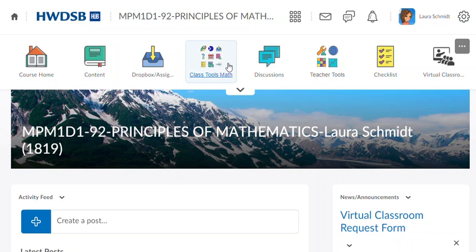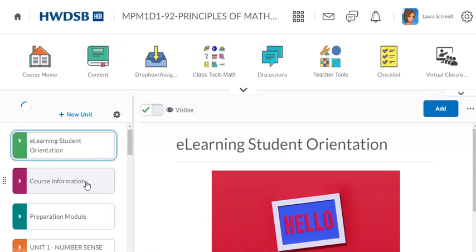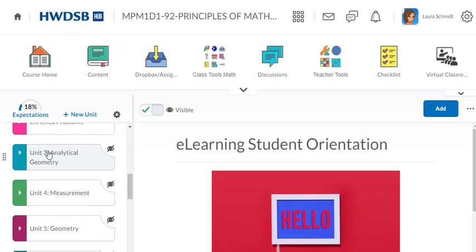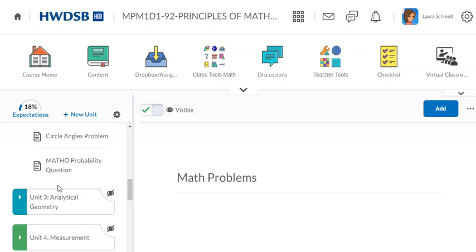Okay, one more thing. If you're bored, because I know some people have already finished unit 2, then head over to the enriched problems, and I'm also going to open up the EQAO practice problems. Here we have some enriched problems. Somebody let me know that I didn't make a discussion board for the Matho question.